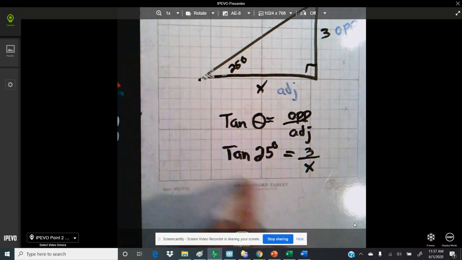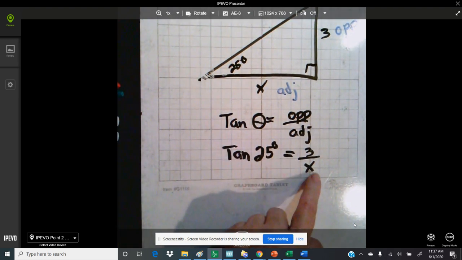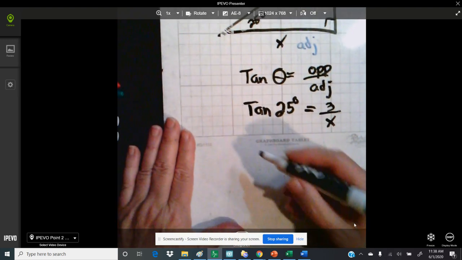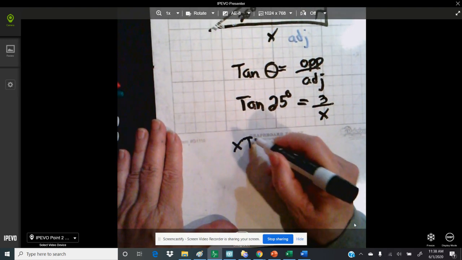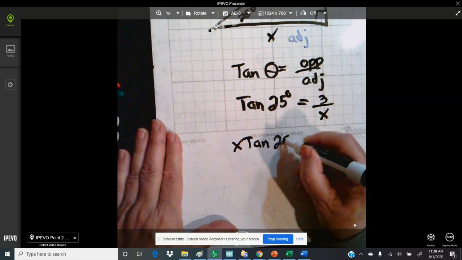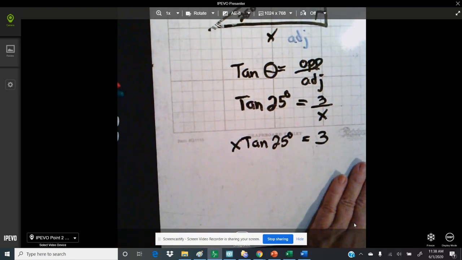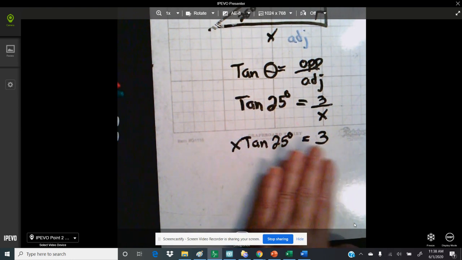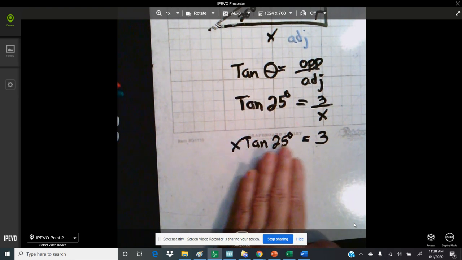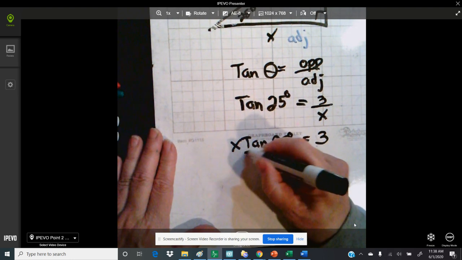Well, now I have an equation that only has one variable. So let's multiply both sides by x. So I'll get x times the tangent of 25 equals 3. I'm solving this equation like I would solve any other equation. I want to get x alone, so I'm going to divide both sides by the tangent of 25.